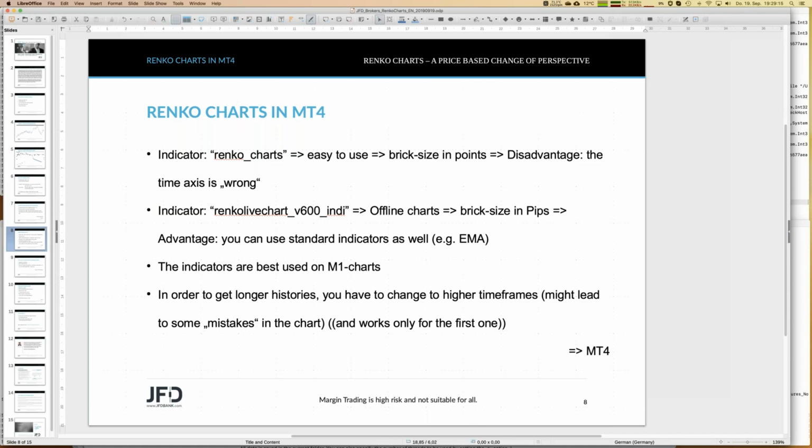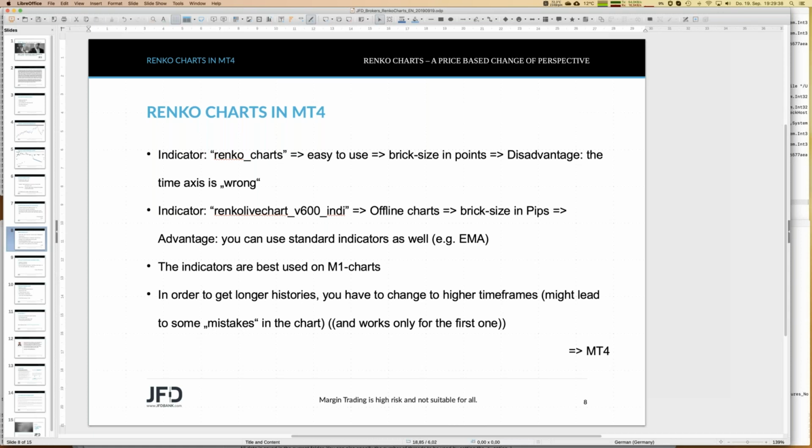Then all the tools here would not generate any bricks, which is not correct because we know the price has been up and down. Therefore, always go for the lowest time frame possible, and keep that in mind. Honestly, that only matters if you have small brick sizes.